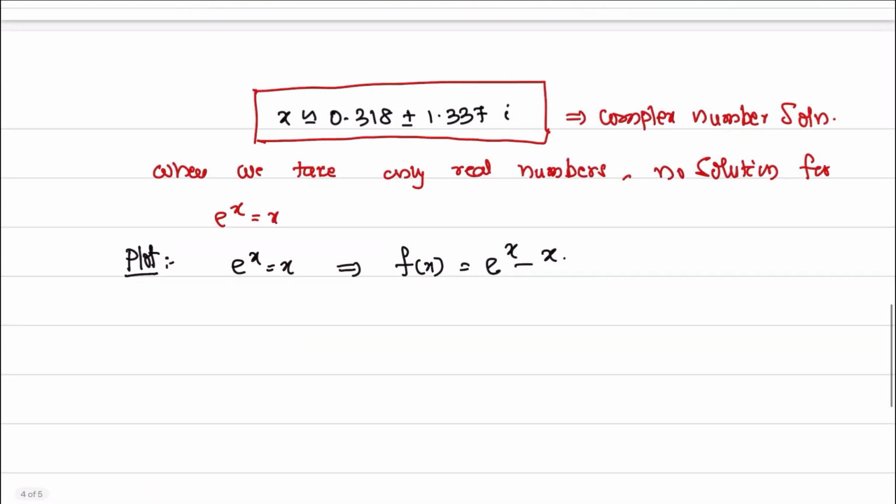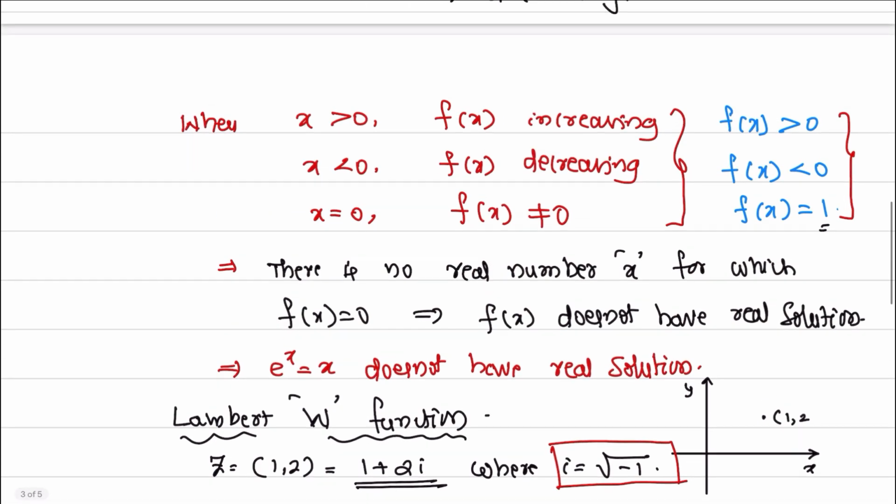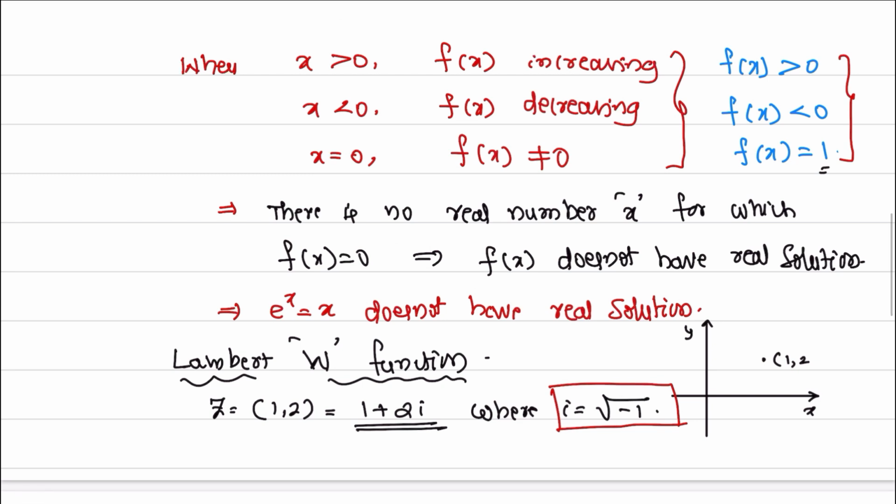If you see, a function is at a particular value at 0. If you move to the positive side of the x-axis, the function is increasing. When you move to the negative side of the x-axis, the function is gaining negative values. Even the absolute value is decreasing. At x equal to 0, it has a constant value.